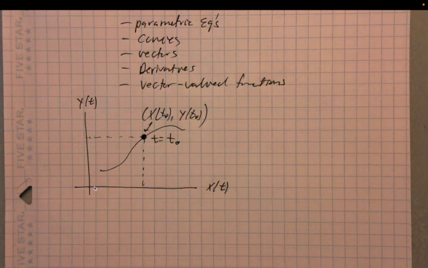And so if you think of it in these terms, then we can use the vector valued function setup that we've just described to describe the position of the particle at any time t.